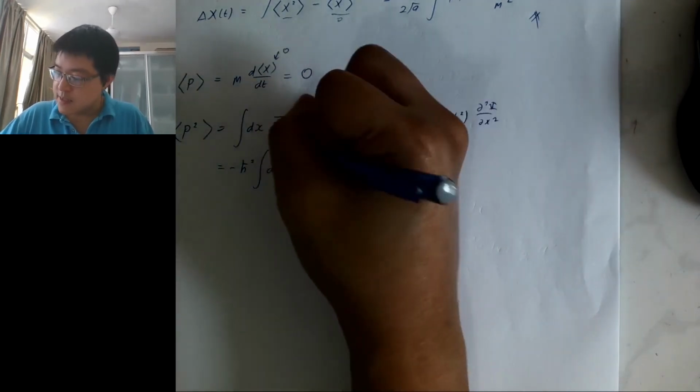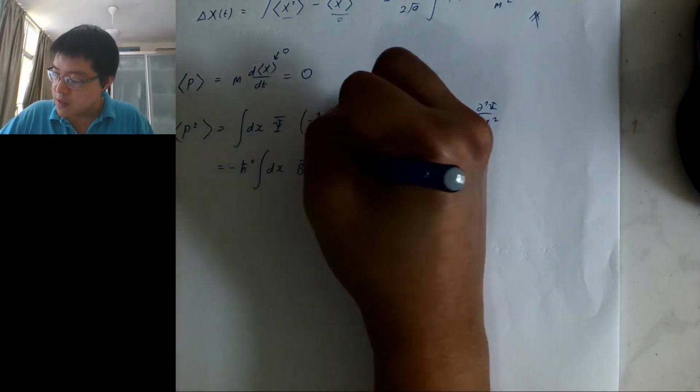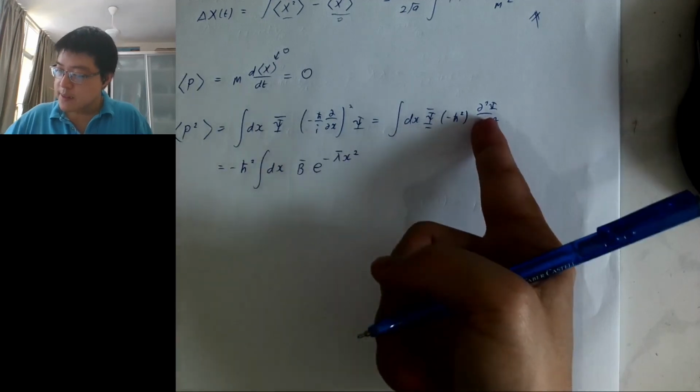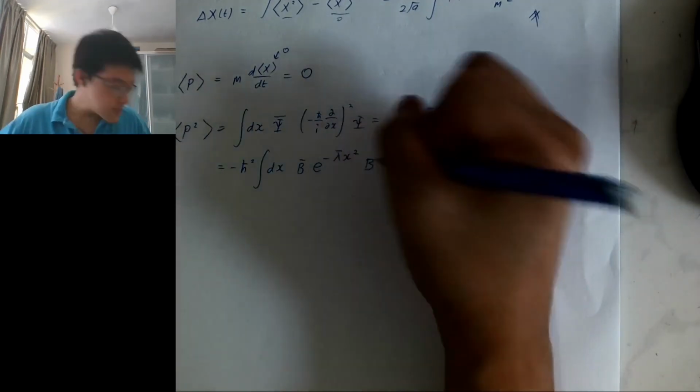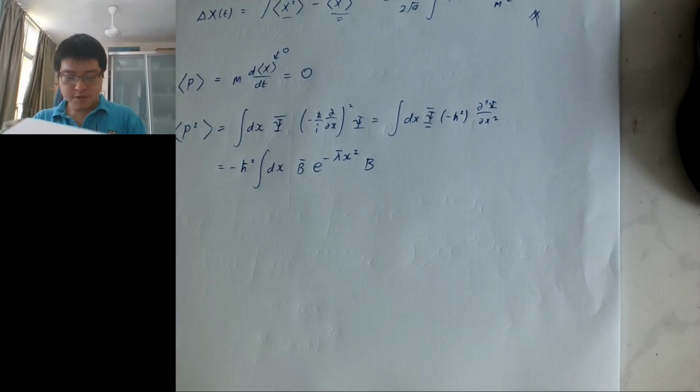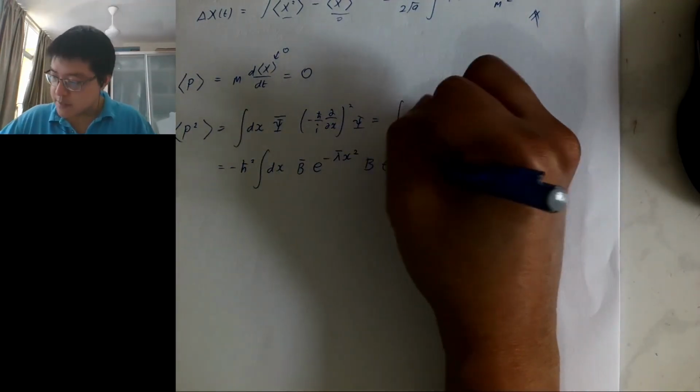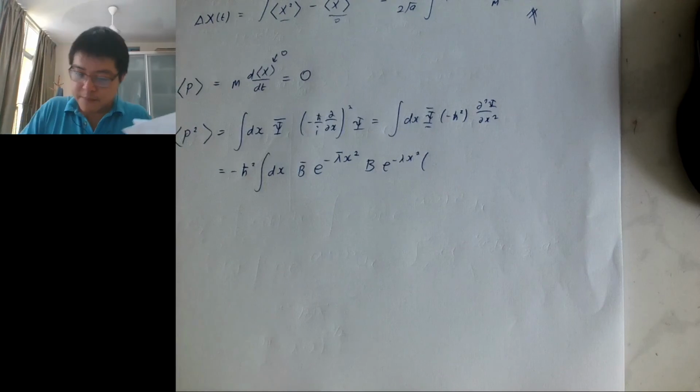This thing is b bar e to the minus lambda bar x squared, and then the second derivative. The second derivative we found just now, where was it? So it's b e to the minus lambda x squared times 4 lambda squared x squared minus 4 lambda.